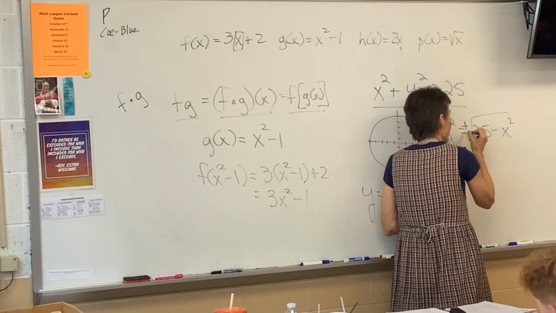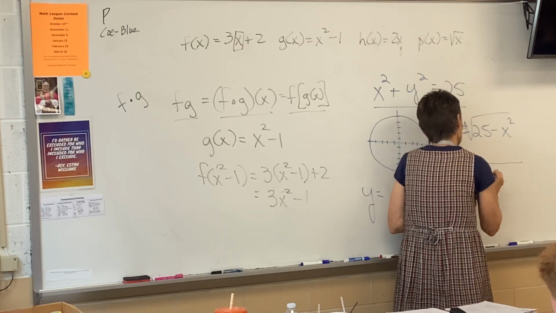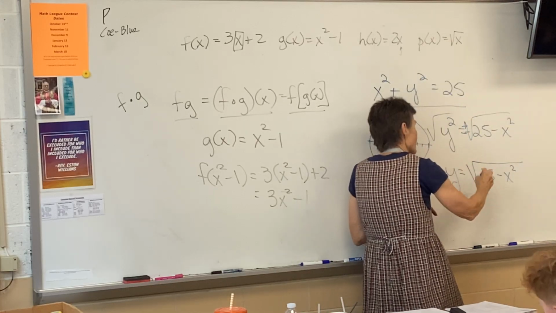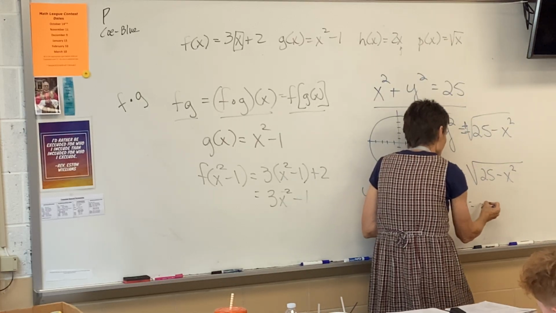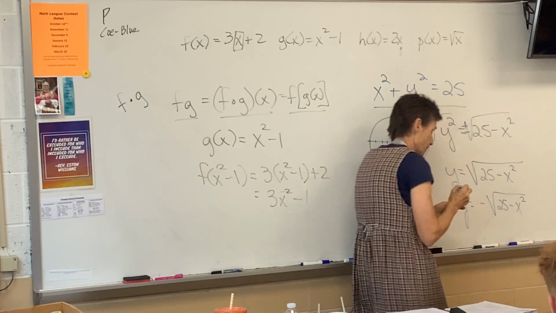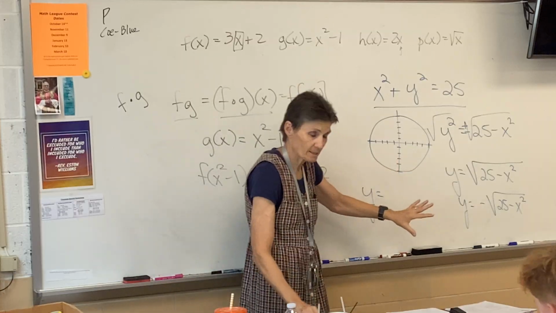Plus or minus the square root. So you're actually going to get two equations: y equals the positive square root and y equals the negative square root. These are called the implicit functions.